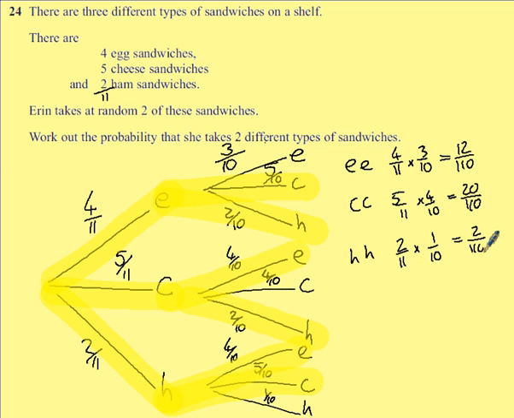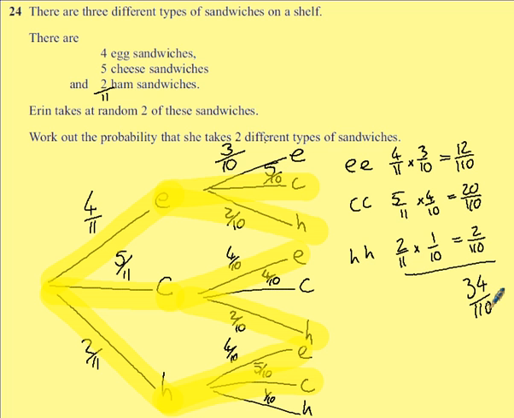2 110ths. Now, this is absolutely what I didn't want to happen, because we wanted to work out the probability that she takes 2 different sandwiches, not that she takes 2 of the same sandwich. The probability that she takes 2 of the same sandwich, all of these added together, is then 34 out of 110. That's not what I wanted.